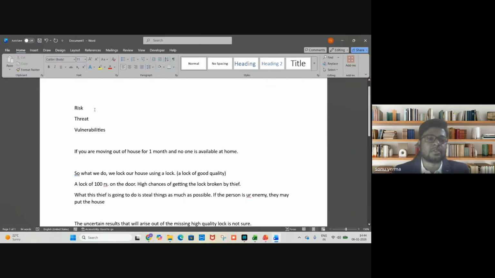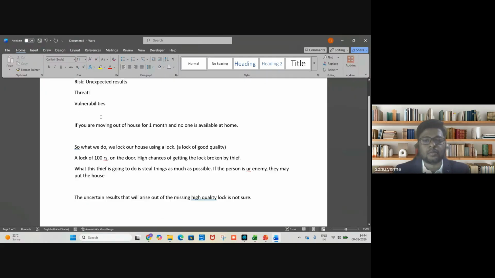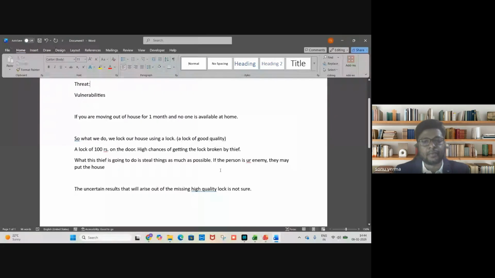So the risk is going to cover unexpected results. Now the threat is always a vector. So in this case, what is the threat? Who is going to break this lock is the thief. So the thief is the threat; in the cyber world, the threat is the cyber hackers.